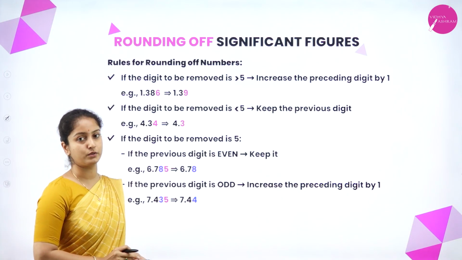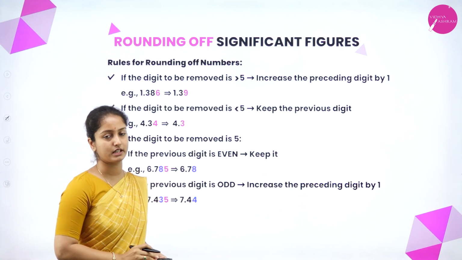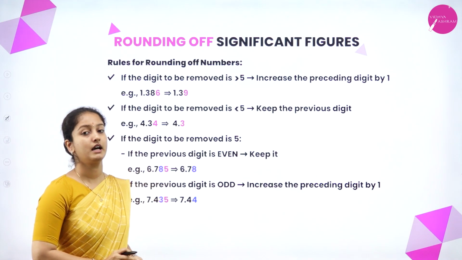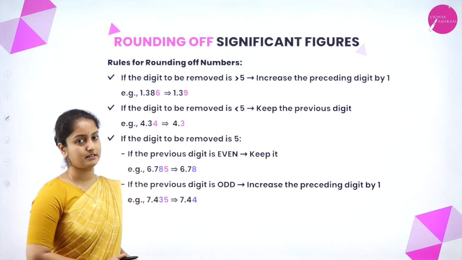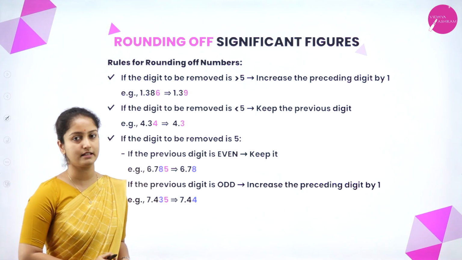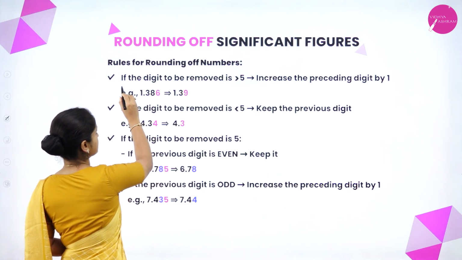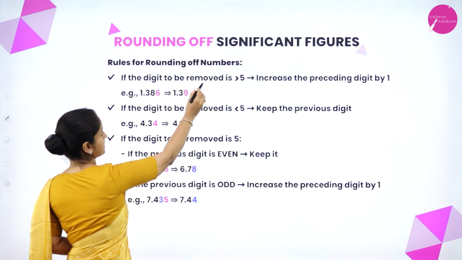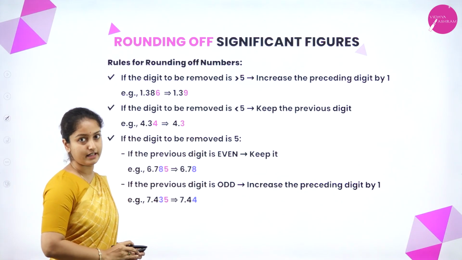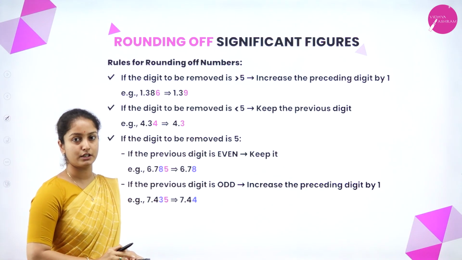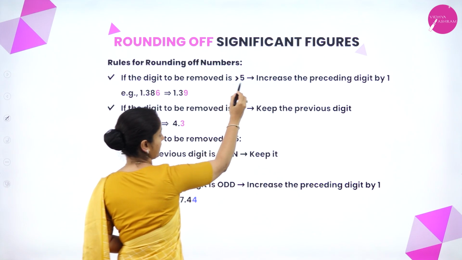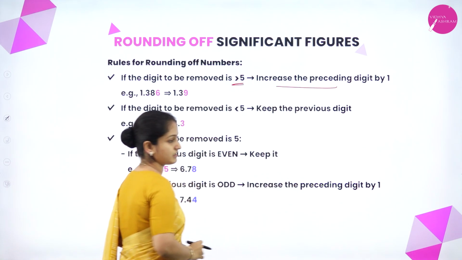Now, how to round off the significant figures? There are certain rules that you have to follow. With an example, we'll see how to round off the numbers. The first rule is, if the digit to be removed is greater than 5, increase the preceding digit by 1.